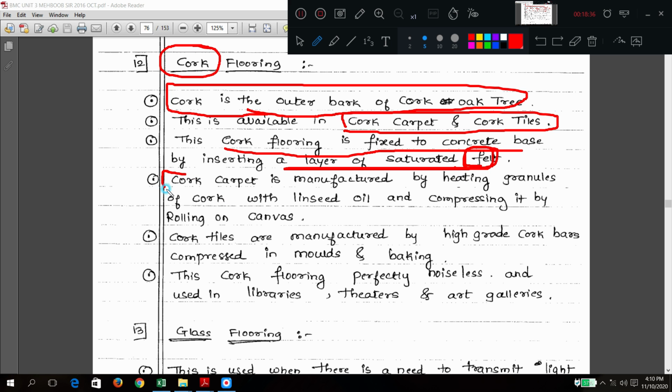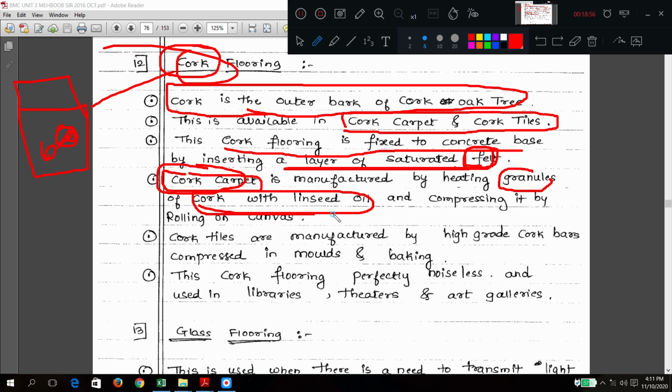How is this cork carpet made? See, I told you cork is one tree product. One tree is there, and the outside layer we call cork. That cork carpet is manufactured first, by heating the granules of cork with linseed oil.